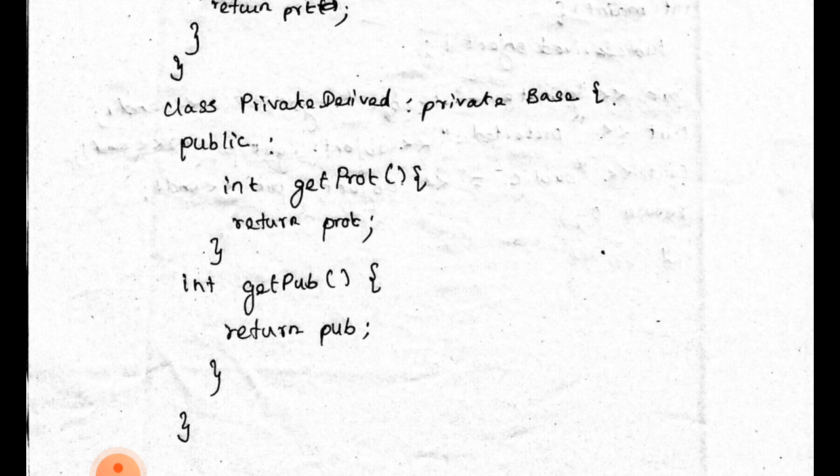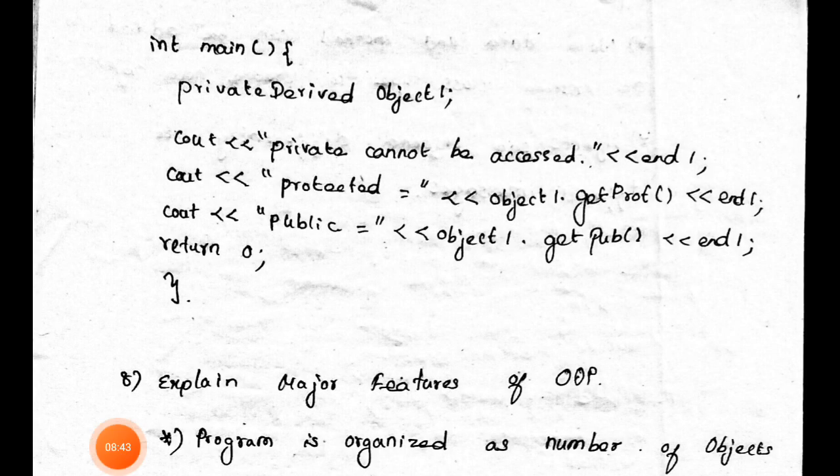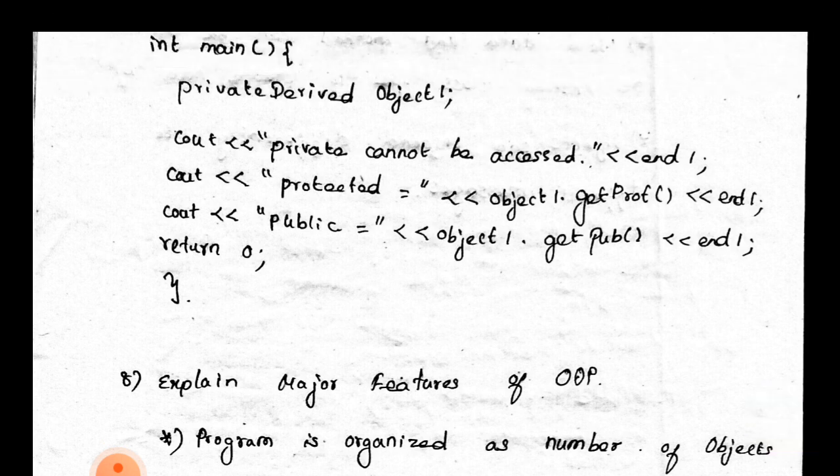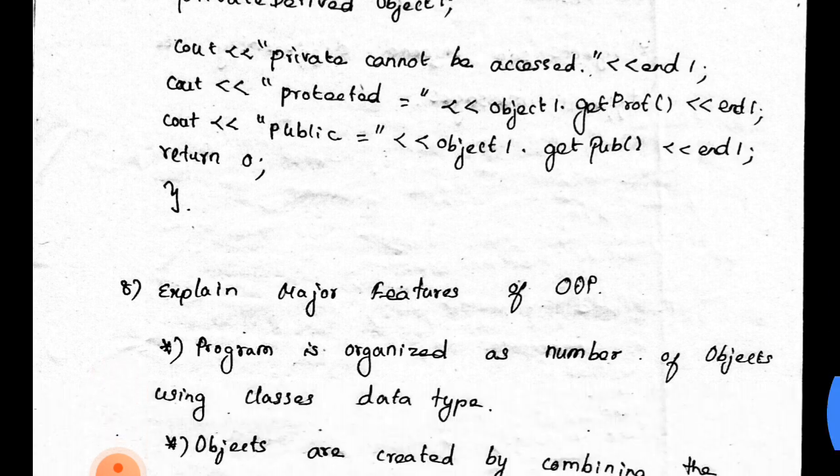This is the output. In our main function, we create private derived object 1. Private cannot be accessed, else protected gets protected, or public, otherwise it displays no values.